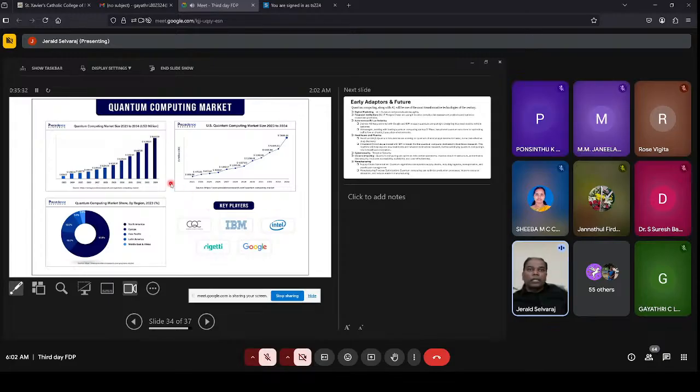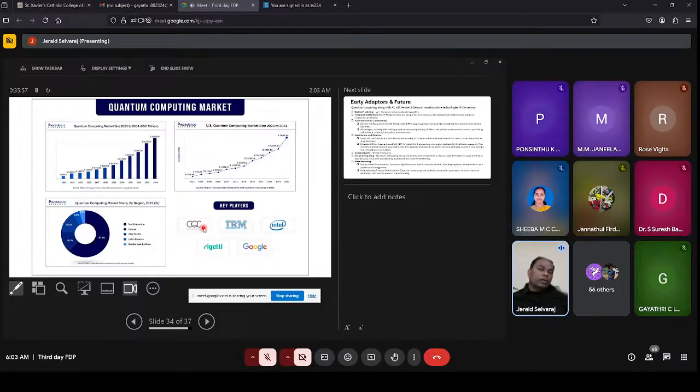And what are the key players in quantum computing? There are so many players, but I picked only a few: IBM, Intel, Google, and Cambridge Quantum Computing. All these are the key players. They're doing a lot of innovations in the quantum computing areas.